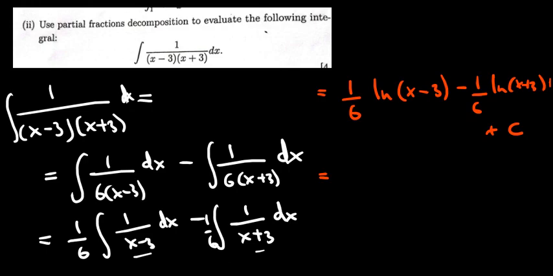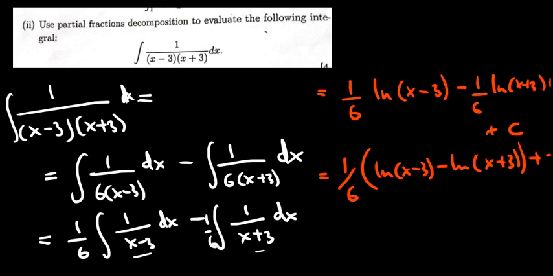Here I can factor out 1 over 6, and I remain with ln of x minus 3 minus ln of x plus 3, plus c.